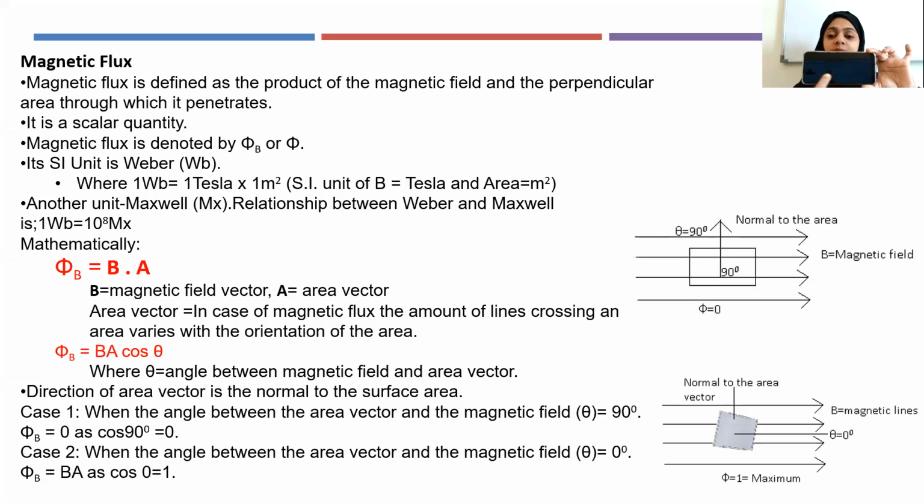So what is the angle between the magnetic field and the perpendicular area? 90 degrees, because it is normal to the surface, right? So it is 90 degrees and cos 90 is 0. So no flux is going through this surface. If this was a coil, no flux is going through this surface if the angle between the magnetic field and the normal to the area is 90.